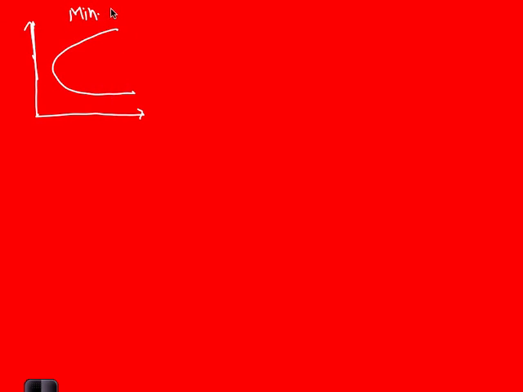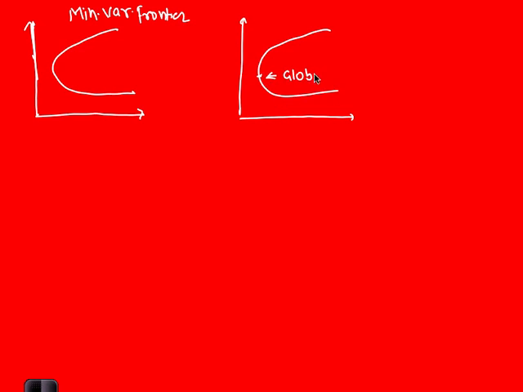Step number 2 was identification of the global minimum variance portfolio and saying that the graph, or the line, which is above that is the efficient frontier. Efficient frontier, EF.